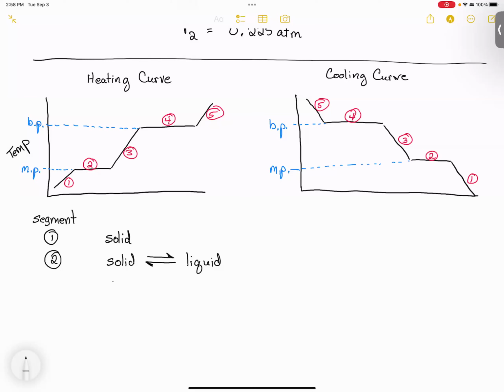And the amount of energy needed to accomplish that is called the delta H of fusion, which is also equal to the negative delta H of freezing. They're the same numerical value, but opposite in sign.